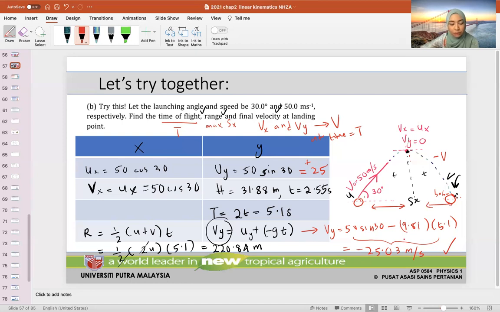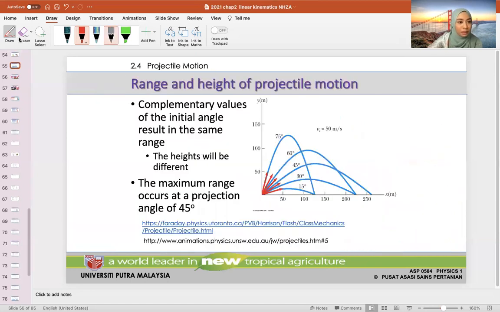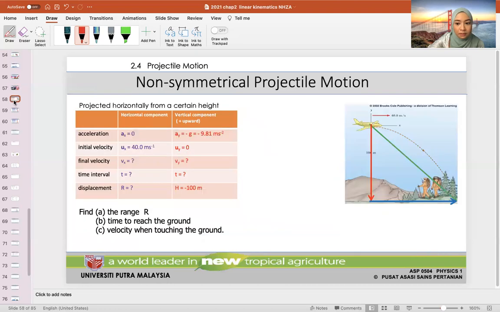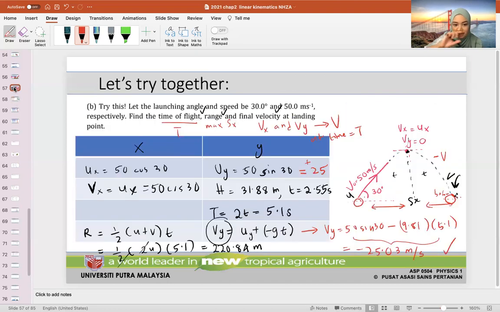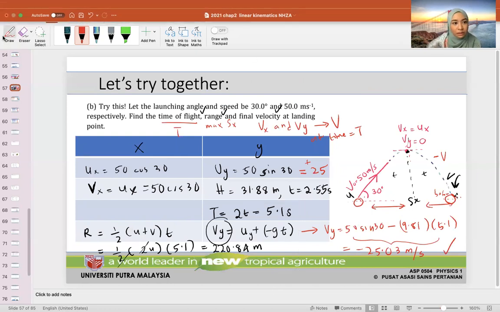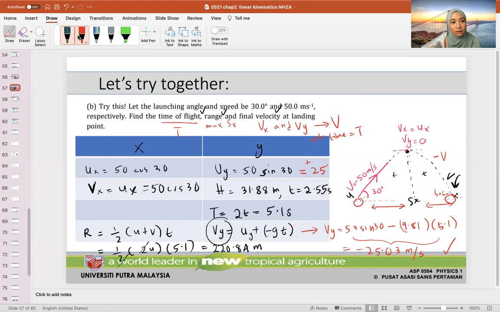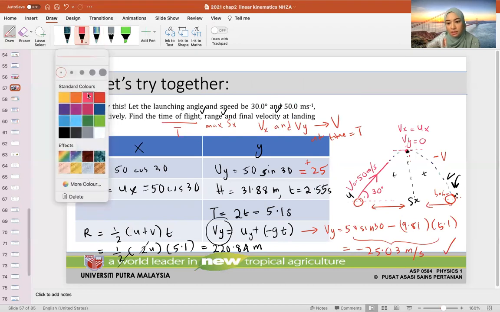So we found out the final velocity Vy. Okay, so now this is very messy. Let me rearrange this a little bit. Okay, so now it wants us to find the velocity. So the same thing as we did before for vectors. It's a vector, right?